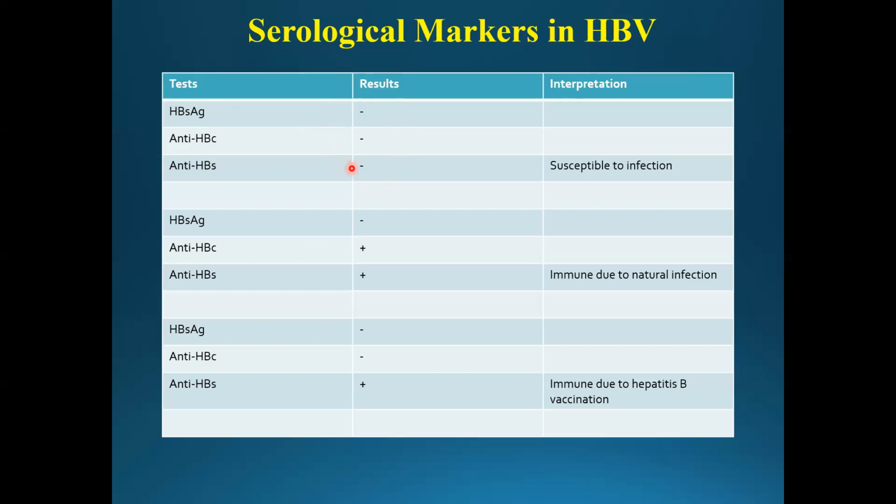Why a virgin? Because this patient did not get to meet hepatitis B yet, and was not vaccinated against hepatitis B. So practically this person is susceptible to infection. So what to do with this person? You ask him to have the vaccine that is going to prevent the infection.